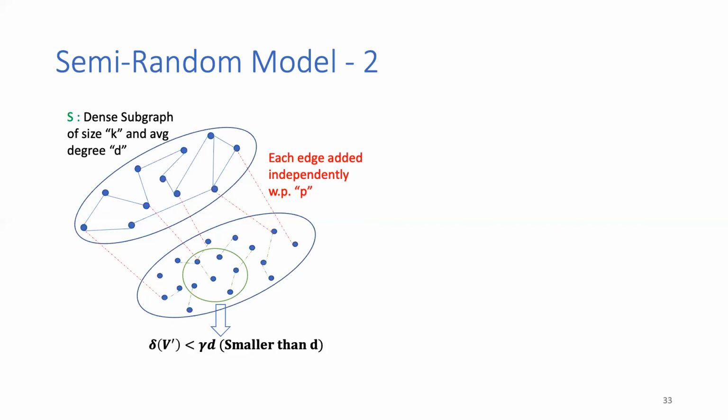Recall that d was the average degree of S, and this particular fact is true for all such subsets of V minus S. So I'll repeat: you take any subgraph within V minus S, and its average degree is less than gamma d. You can just think of it as slightly smaller than d, where d was the average degree of the planted dense set of size k.